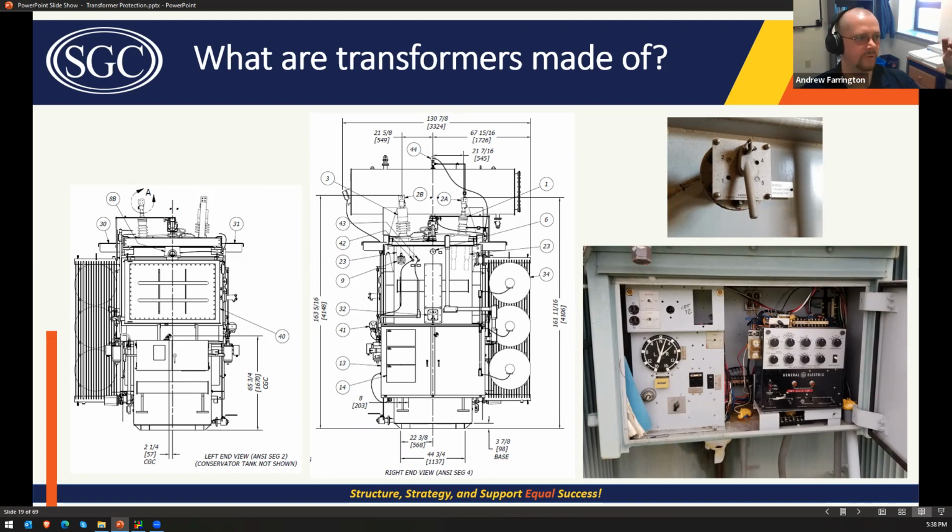You don't want it to be 95, right? So what the LTC does is, as the voltage at the substation bus goes down due to the increased load, it'll tap that voltage up so that at the distribution customers, the voltage is still what they want. So it's actually automated.